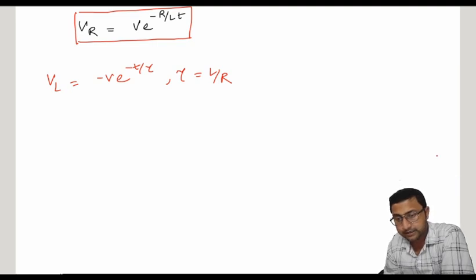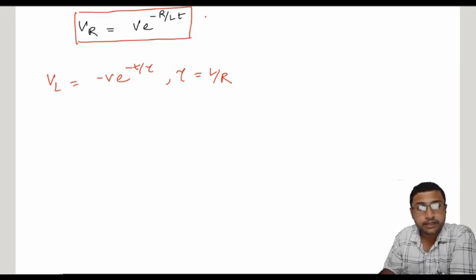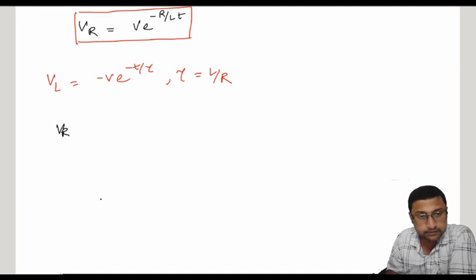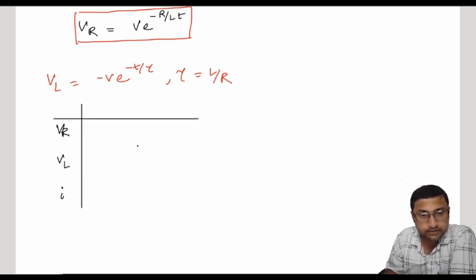As similar as that, next if we plot the table, suppose the first one is VR, second one is VL, and third one is I. Draw the table first, and we take the condition at t equal to 0 and at t equal to infinite.